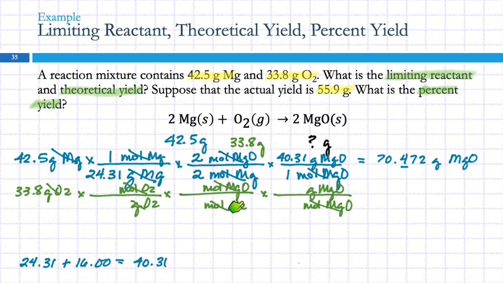Again, I like the middle part first. So I'm going to look at my balanced chemical equation, and there is an implied 1 in front of the oxygen. So it's 1 mole of oxygen is going to make 2 moles of magnesium oxide. Just like getting the numbers from the pizza recipe.